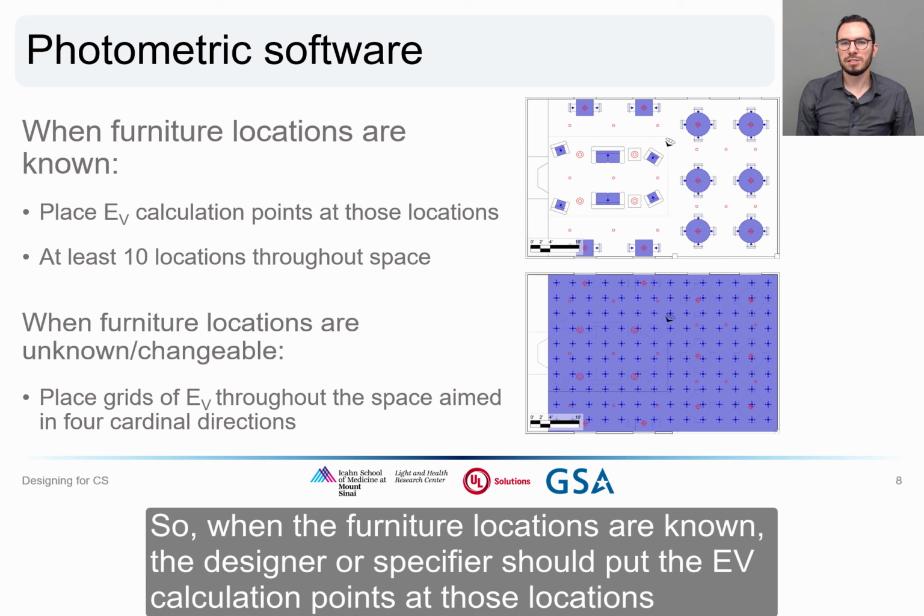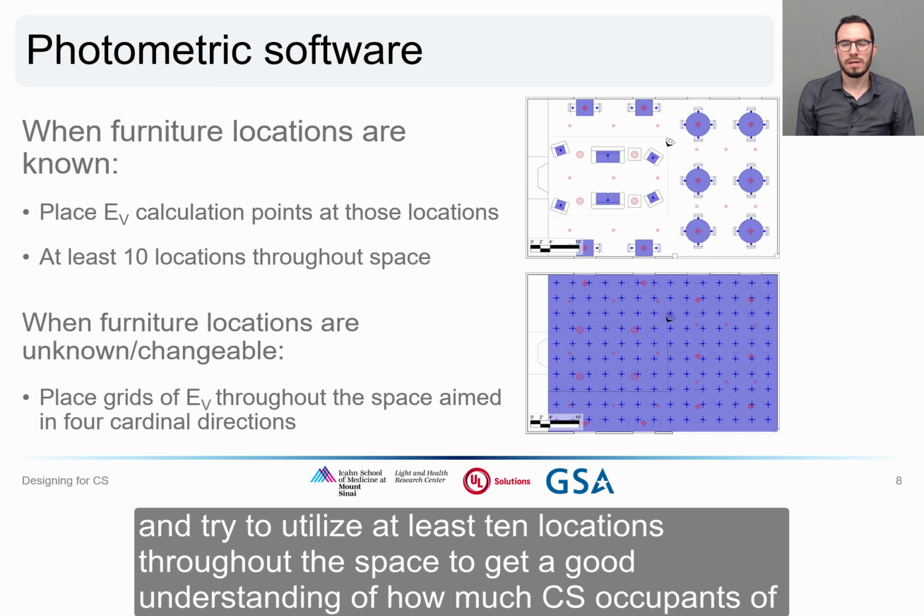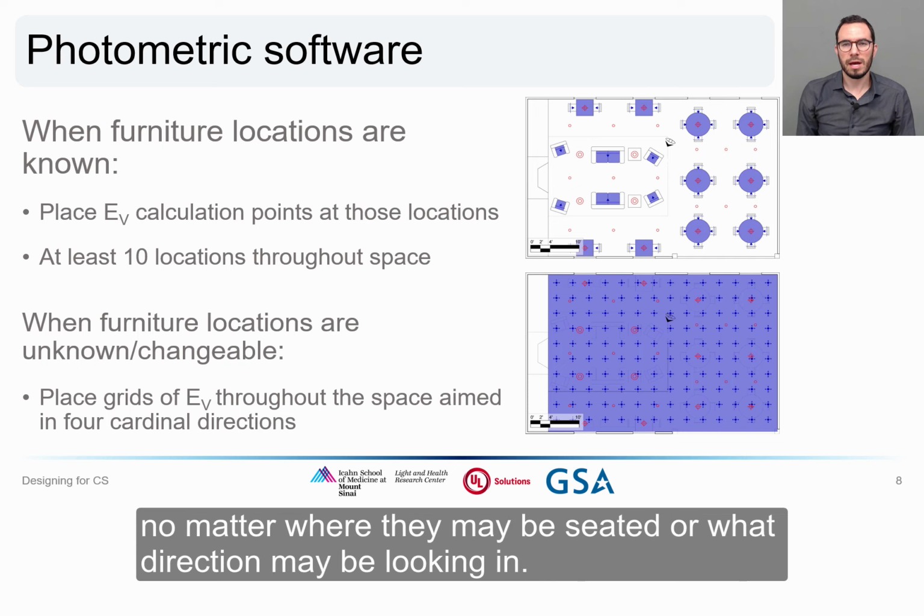So when the furniture locations are known, the designer or specifier should put the EV calculation points at those locations and try to utilize at least 10 locations throughout the space to get a good understanding of how much CS occupants of the space will get no matter where they may be seated or what direction they may be looking in.